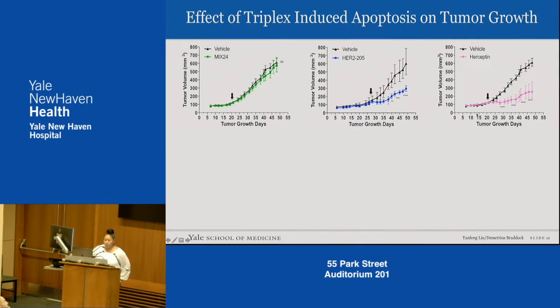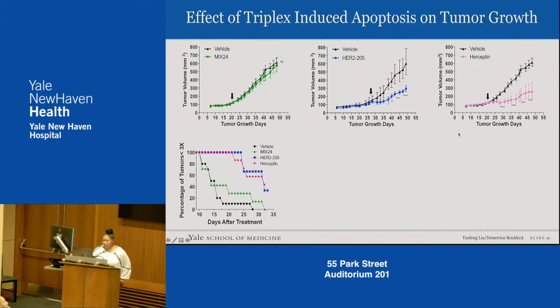Also, we used Herceptin as a control. And using Kaplan-Meier curves, we can see that the drug efficacy between our HER2-targeted TFO and Herceptin was similar, which was very promising for us to see that we were able to create molecules that used a different mechanism of action to give the same level of drug efficacy as we see with a currently used drug.